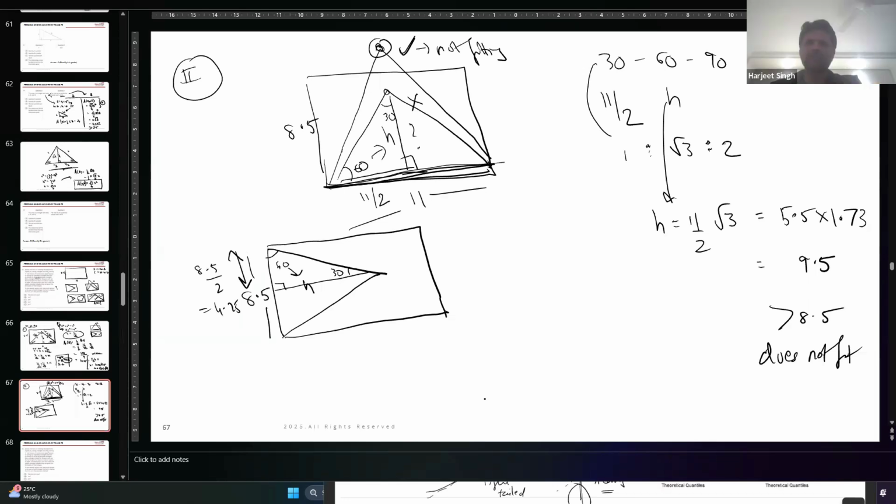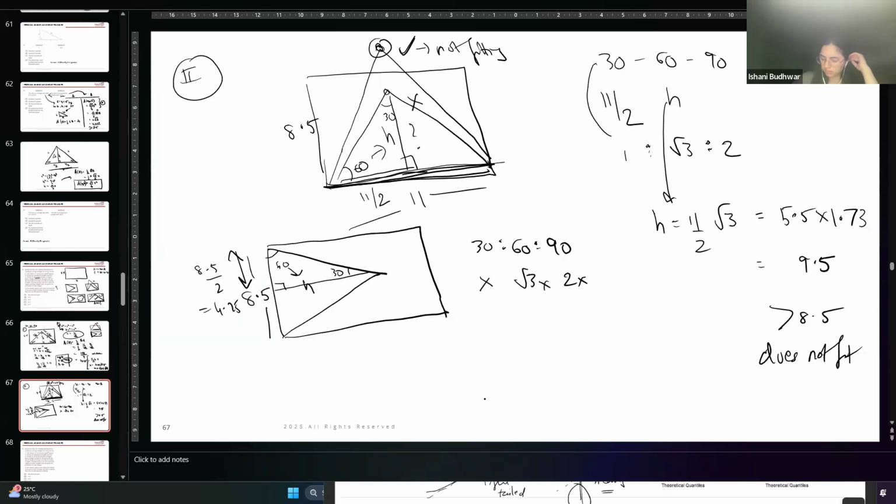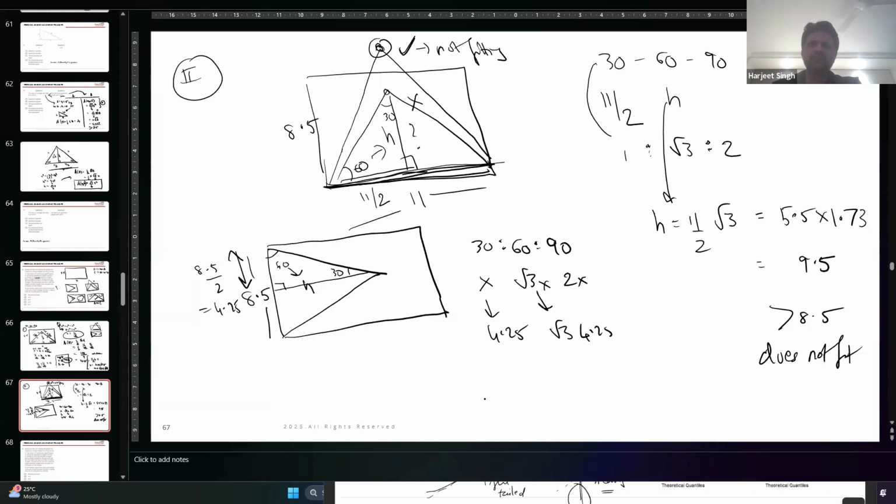So now we will use the same 30, 60, 90 concept. It is in the proportion x is to root 3x is to 2x. Now we know the side opposite to 30 degrees is 4.25. So the side opposite to 60 degrees will be root 3 into 4.25.